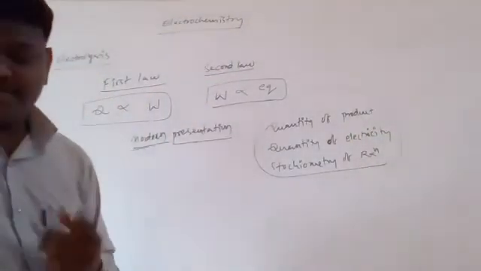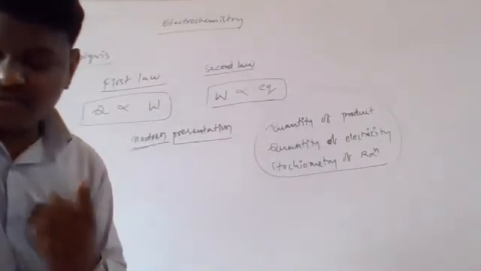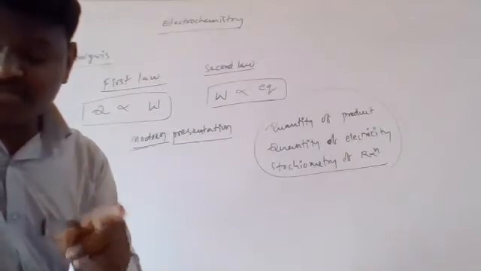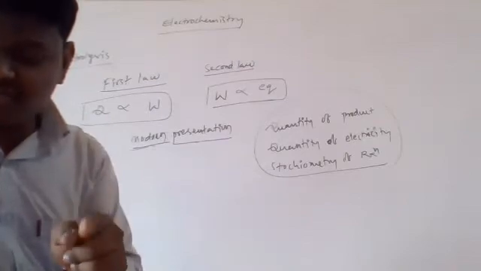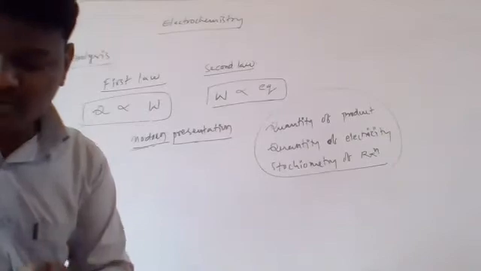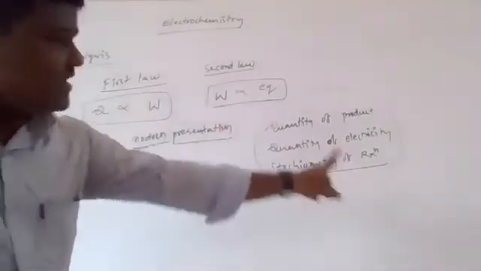The products obtained at the electrodes by oxidation and reduction have a relation with the moles of the products, the stoichiometry of the reaction, and the quantity of electricity.